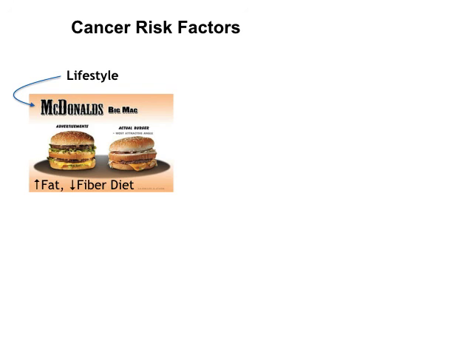Doesn't mean that eating bad food causes cancer, but it does mean that if you eat bad food, you're more likely to get cancer. And this is typically high-fat, low-fiber diets, aka fast food diets. So these fast food diets have a ton of animal fat, which is not great for you, and very low fiber. And this is shown to be correlated with increased risk in colon cancer.